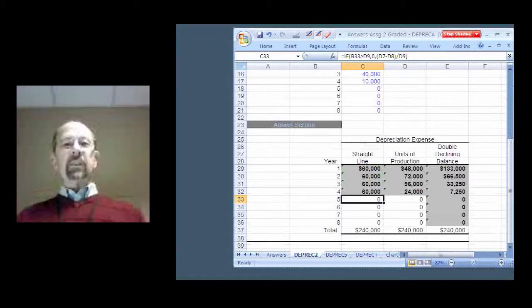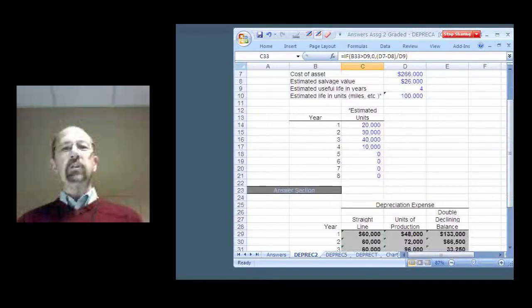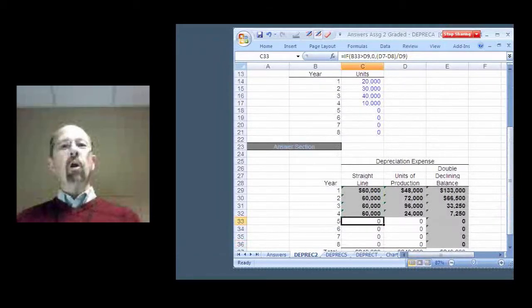So for the graded assignment due next Sunday, you're going to have to put in and do it under the straight line area: if B33, the current year, which is 5 right here, is greater than D9, the number of years you want to depreciate over, if that is true, put down 0. And that's what you do, comma 0.